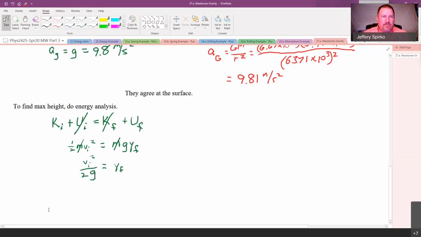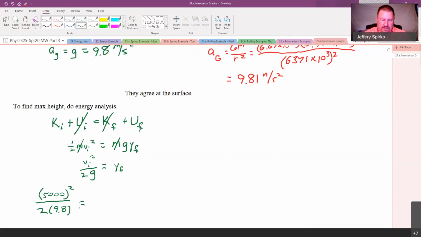So then I go over to my calculator and I calculate 5,000 squared over 2 times 9.8 to get my max height calculated by the wrong method.